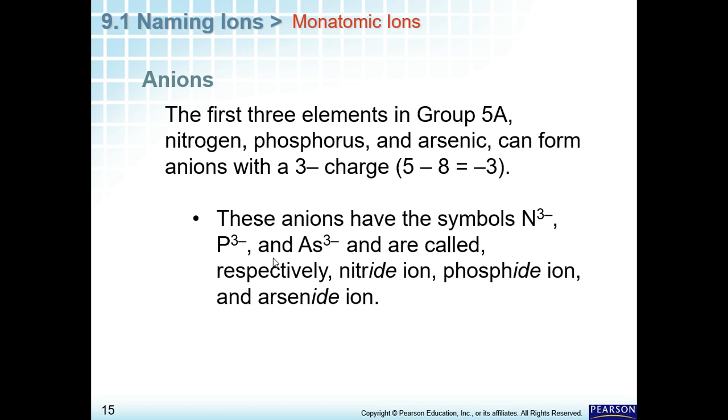And the last one, group 5A, if we're going to focus on the charge, 5 minus 8 gives me a negative 3 charge. Since I have this negative charge, I have to end in "ide." Elements like nitrogen, phosphorus, and arsenic would become nitride, phosphide, and arsenide.